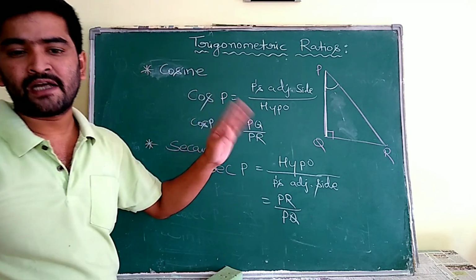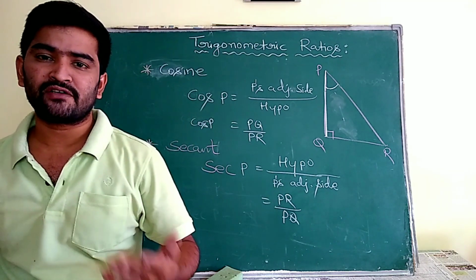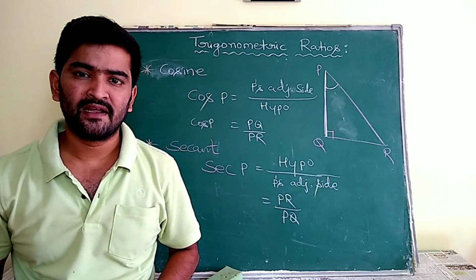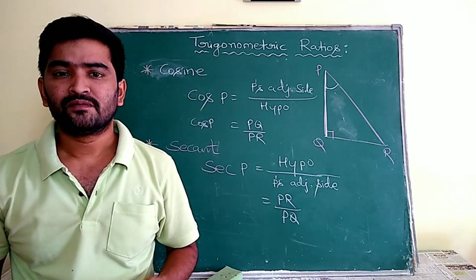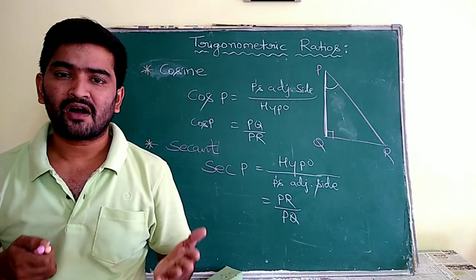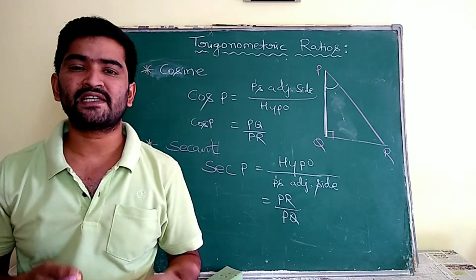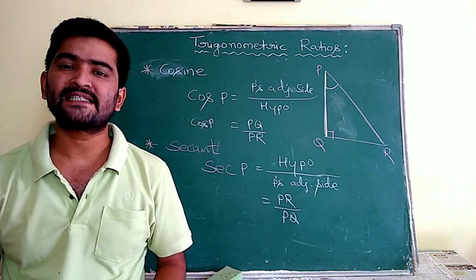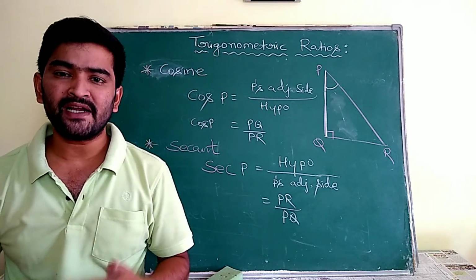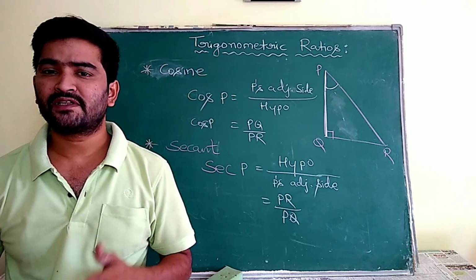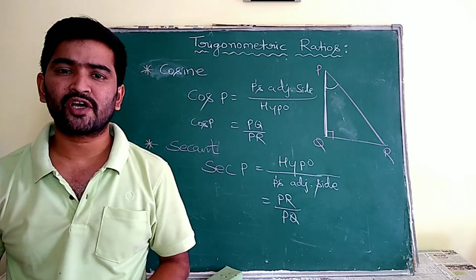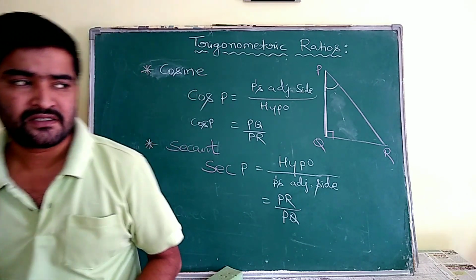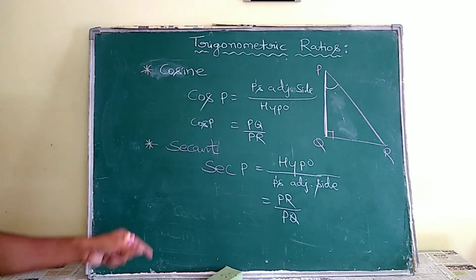Whenever anyone asks you to give the cos value of a triangle with respect to some angle, we have to recall: cos is adjacent side by hypotenuse. Similarly, secant is hypotenuse by adjacent side. With respect to whatever angle they give, we have to write all these sides. So this is cos and secant.